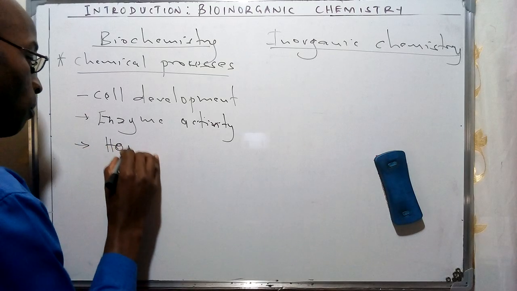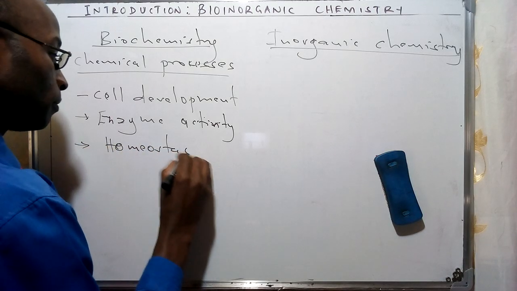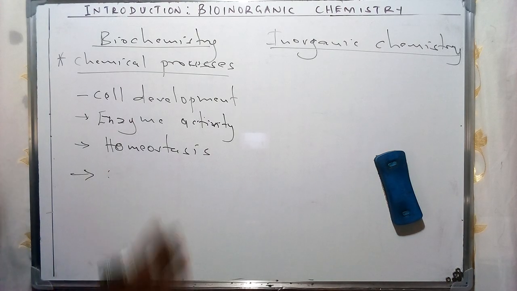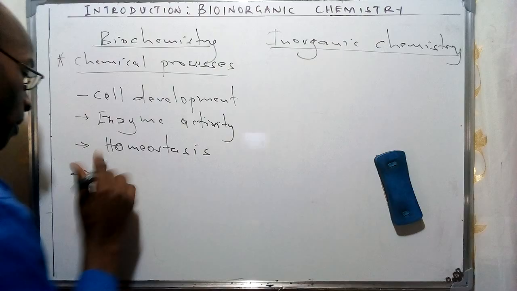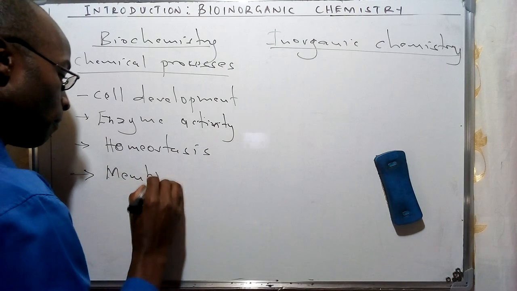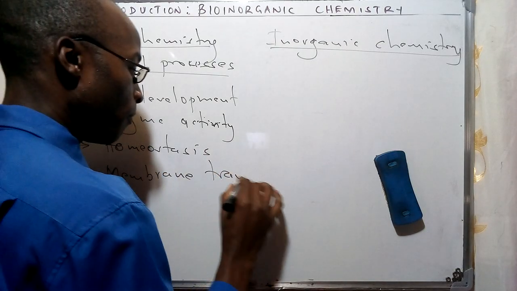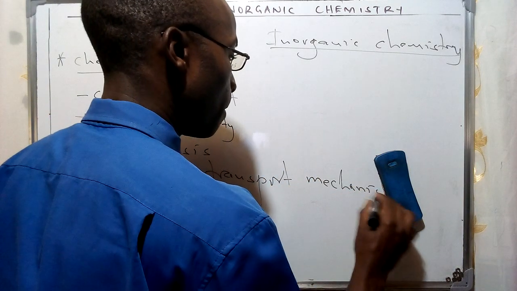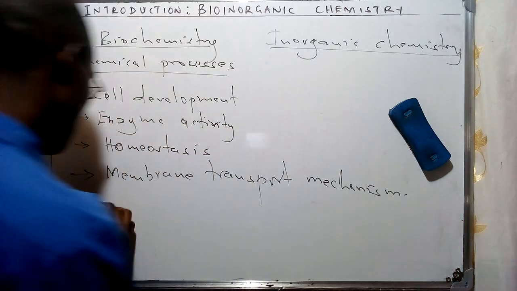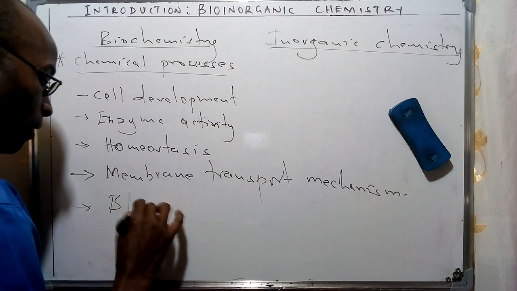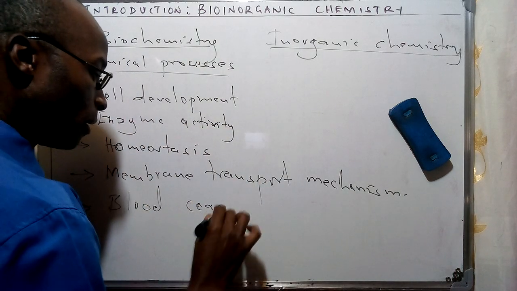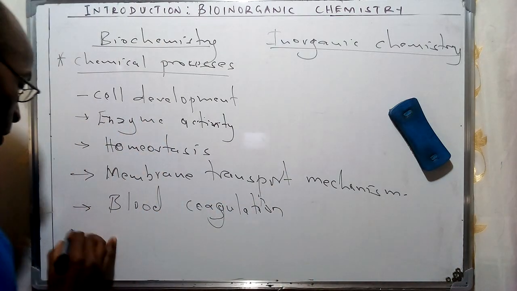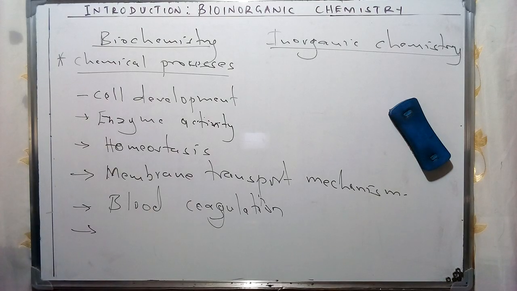The concept of homeostasis, the concept of the cell membrane, or what we can refer to as membrane transport mechanism. The concept of blood clotting or coagulation also involves this specific process.